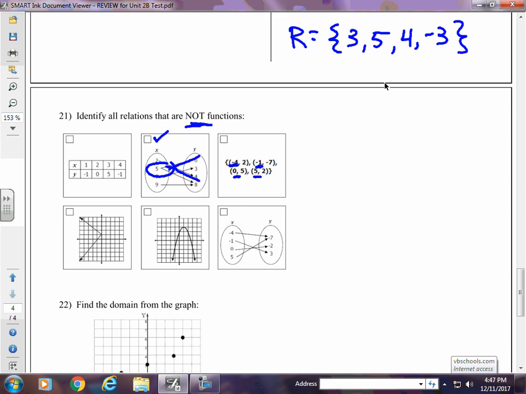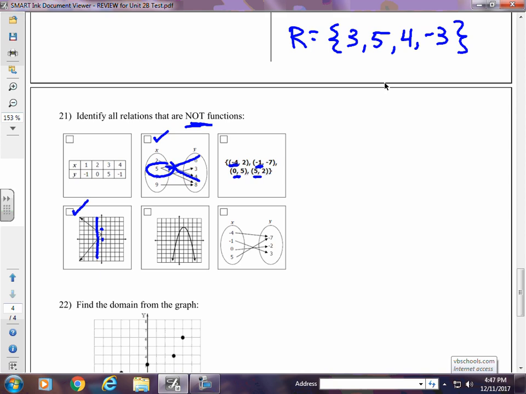Okay, when you're looking at graphs, you're using the vertical line test, and you're trying to see if you draw a vertical line, will it hit more than one time? This does hit. It hits at the top and the bottom, so that hits twice. Because it hits twice, it's said to have failed the vertical line test. When it fails the vertical line test, that means it is not a function, so that is one of your answer choices.